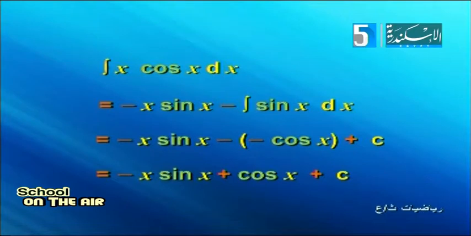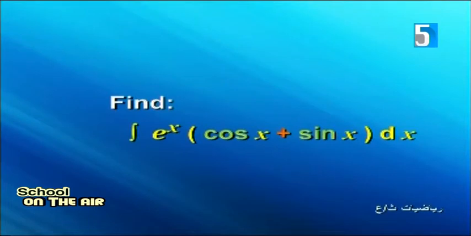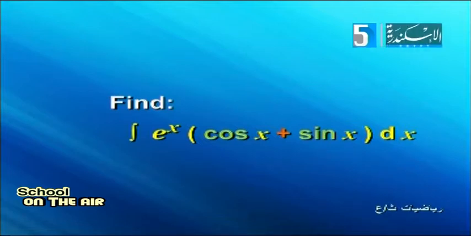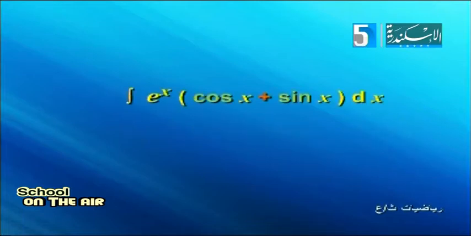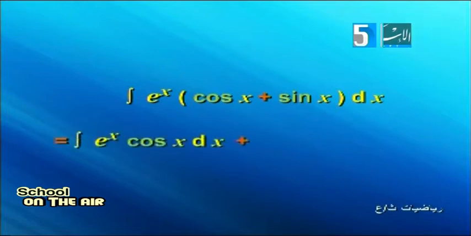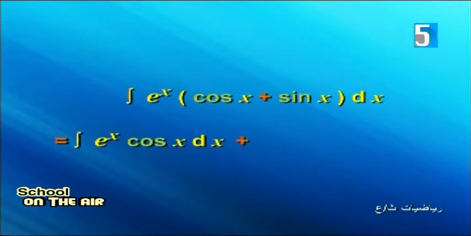Another example. Find the integration of e power x multiply between two brackets cosine x plus sine x dx. Now this function e power x multiply cosine x plus sine x is equal to the integration of e power x cosine x dx plus the integration of e power x sine x dx.